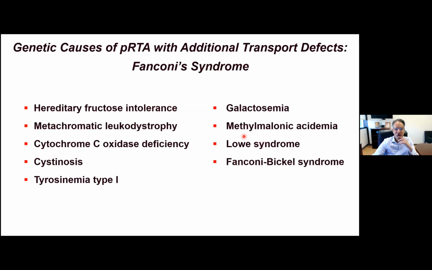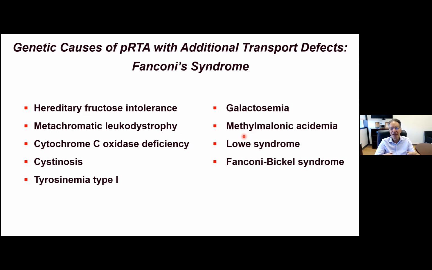Now, in addition to the genetic causes that we discussed affecting NBC1A, there are other genetic causes with additional transport defects, but they tend to cause a Fanconi syndrome where you have abnormal phosphate transport, potentially uric acid transport, amino acid transport, and it doesn't have to be all of those. One can be present, the other's absent.